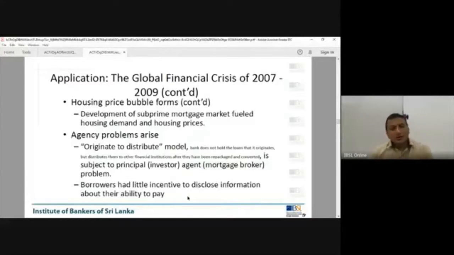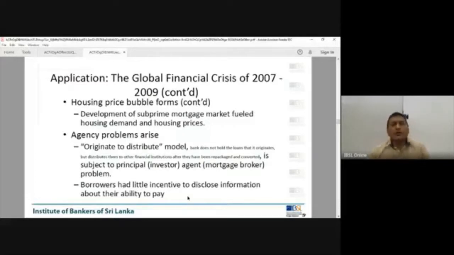As I was mentioning, different risk classes were pooled, and different risk classes were assigned a different product name, to be sold back to another financial intermediary or the financial market.